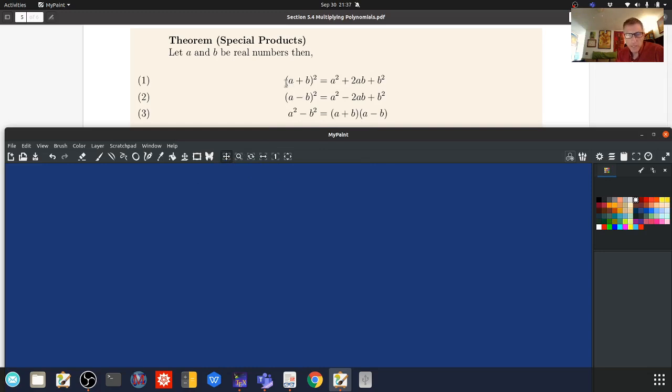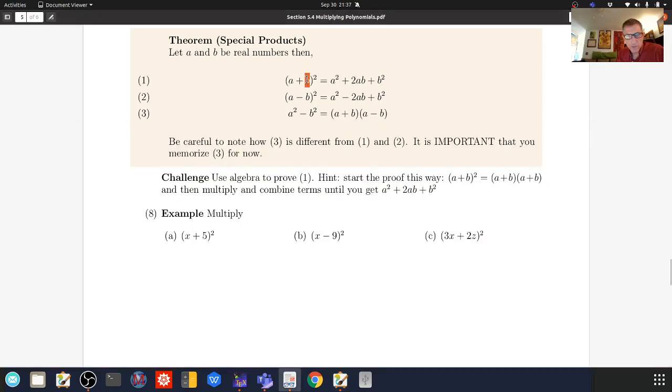So let's look. A plus b squared is: I take the first term and I square it, whatever it happens to be. Then I square the last term. And then the middle term is I multiply the two terms together, a times b, and then I multiply that by 2. So over here I do the same thing.